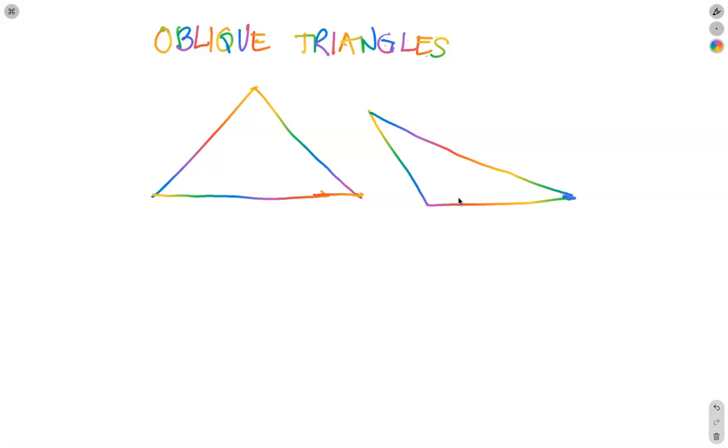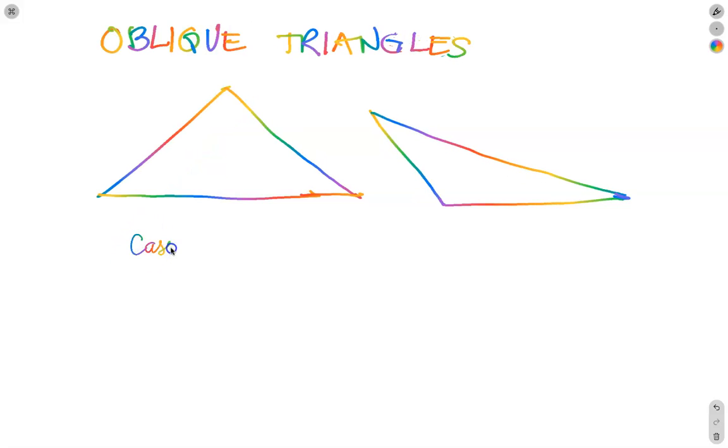An oblique triangle can be characterized in 4 different cases. Case 1, SSS. If all the sides are given. Case 2, case SAS. 2 sides are given and the angle in between.